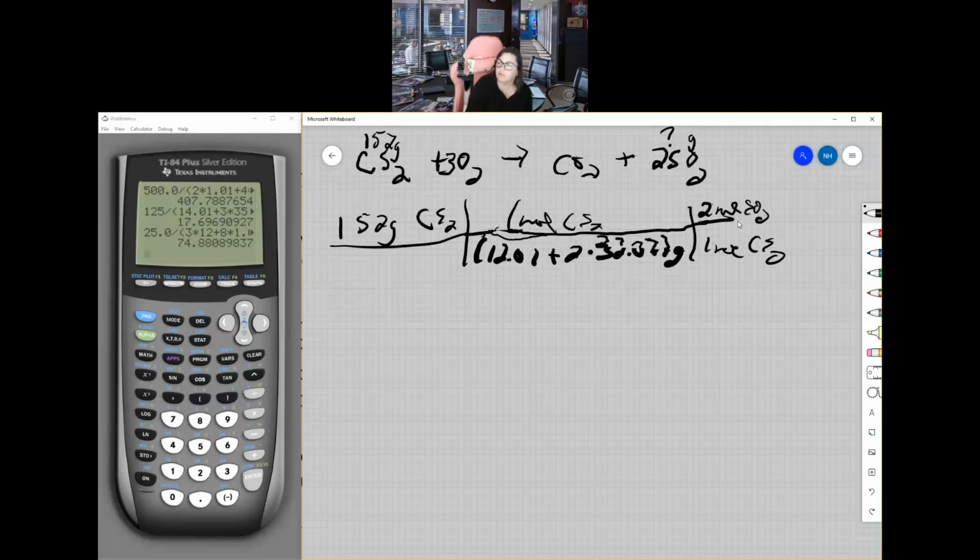SO2, 1 mole. SO2. And then that's going to be 32.07 plus 2 times 16 grams.